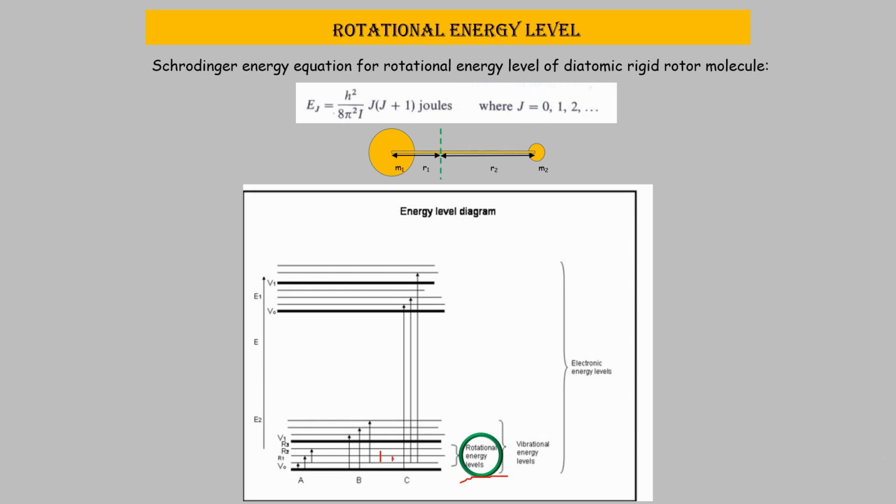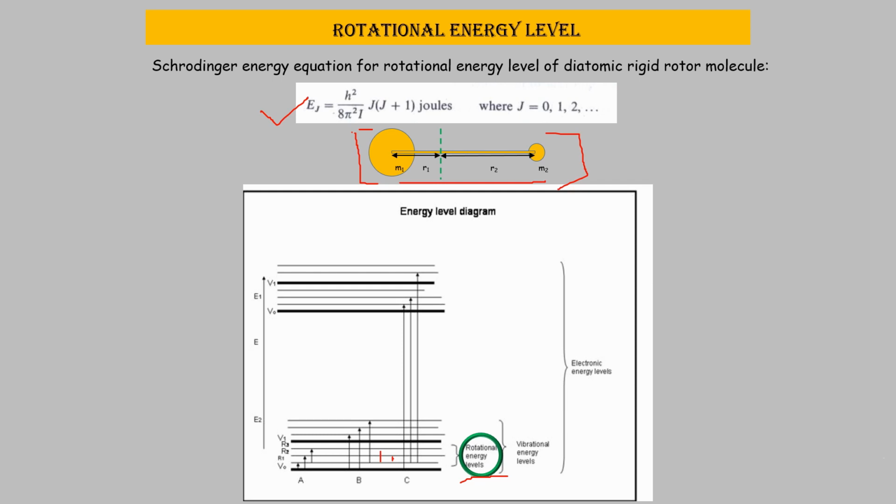Here, I am starting this discussion with the simplest case of rotational spectroscopy, where the molecule is a diatomic rigid rotor, which means that the bond length between two atoms remains constant during the rotation of the molecule. So, the Schrödinger equation solution for a rigid diatomic molecule for rotational energy level is Ej equals h square by 8 pi square I into j into j plus 1 joules.